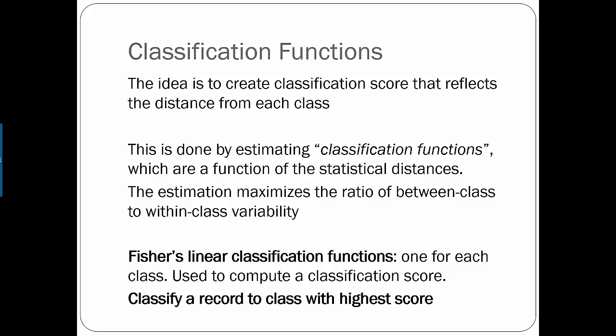So if you have target value class equal to 0, class equal to 1, you'll get one function for 0, one function for 1. And if it's a nominal target and you have 5 different possible values, you'll have 5 discriminant functions. And then you'll use the discriminant function to find the discriminant score for each class.